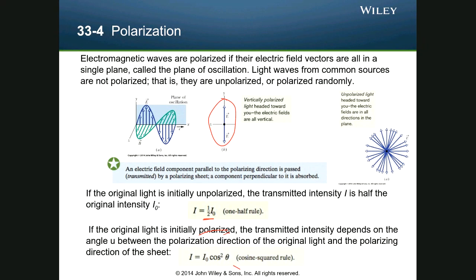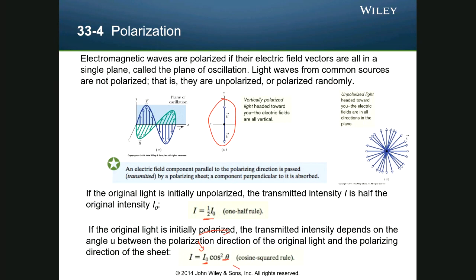The intensity of polarized light through another polarizer, and I'm going to say polarizer and polarized a lot, so I'm going to get tongue-tied, is equal to your initial polarized intensity times cosine squared of theta.